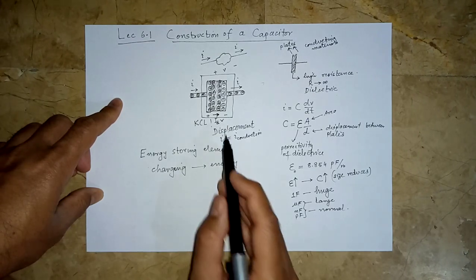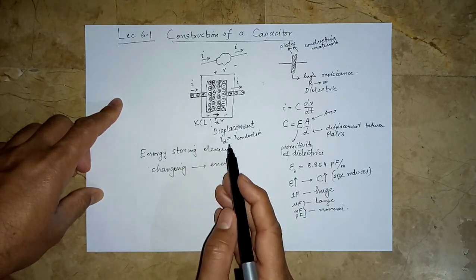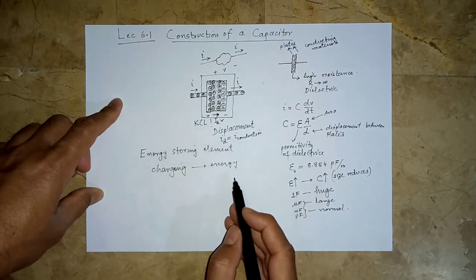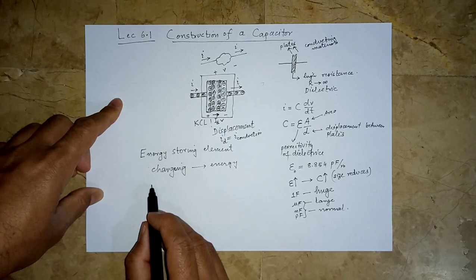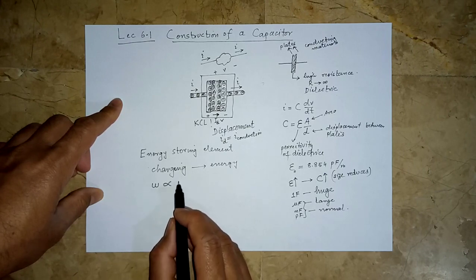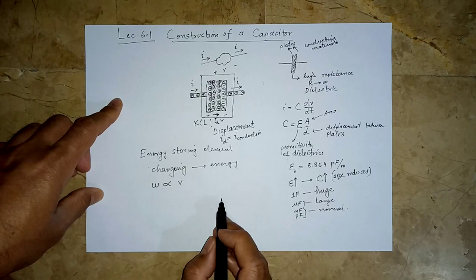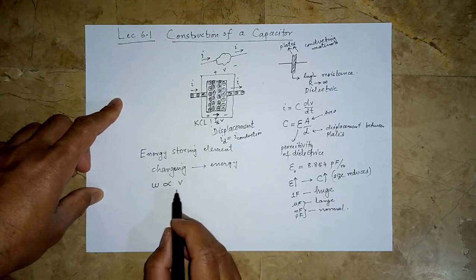When we increase the voltage, we increase the electric field strength between the two plates and we increase the amount of energy stored in the capacitor. This means the energy stored, we use W to represent energy, should be proportional to the voltage across the capacitor. We can see that very clearly.